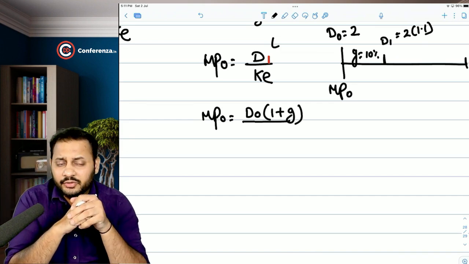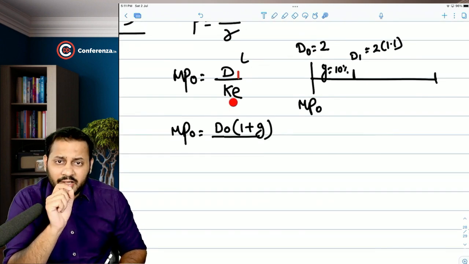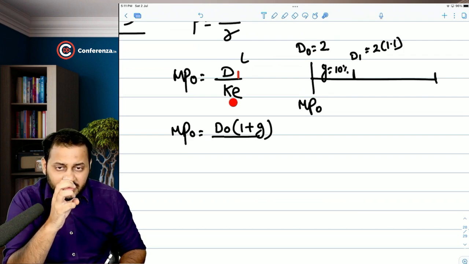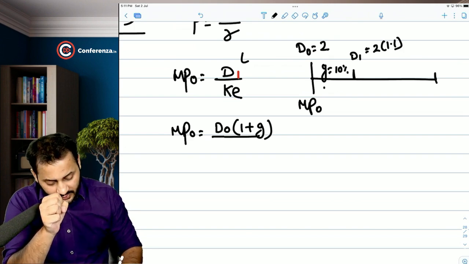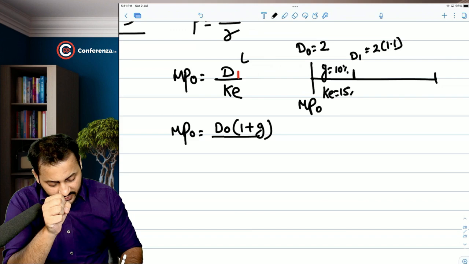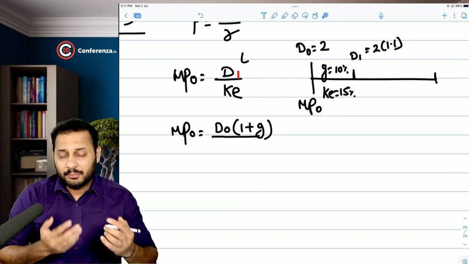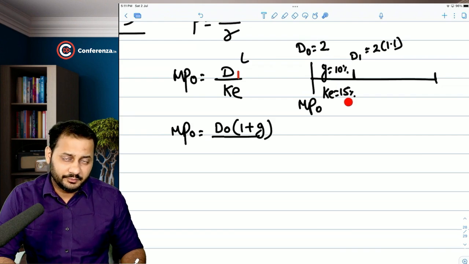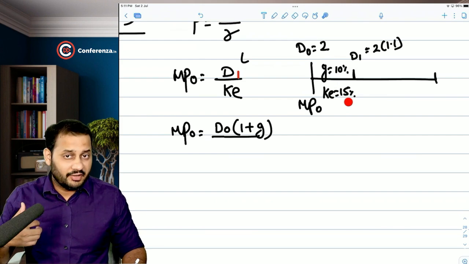But one more thing you need to understand: dividing by cost of equity means calculating the present value of all the future dividends. If we consider cost of equity as 15%, then understand what is happening. Every year you are discounting 2 rupees by 15%, so you are taking 15% a step back every year.